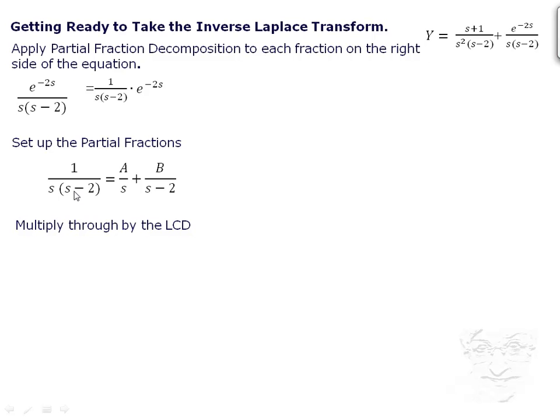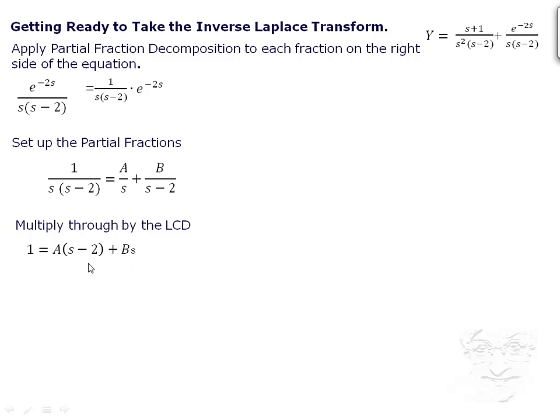Again, each denominator will cancel out. On the left side, we're left with 1. On the right side, the s cancels, and it'll leave me with a times s minus 2. And on that last term, the s minus 2 cancels, and you're left with b times s.